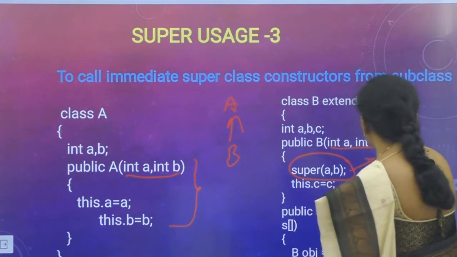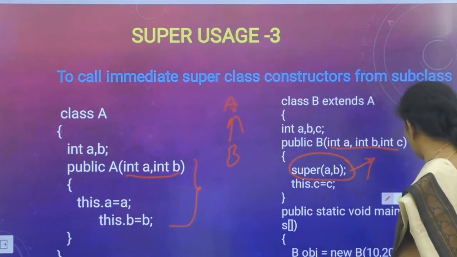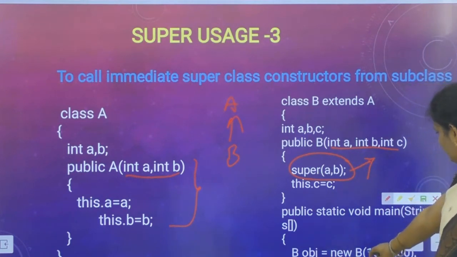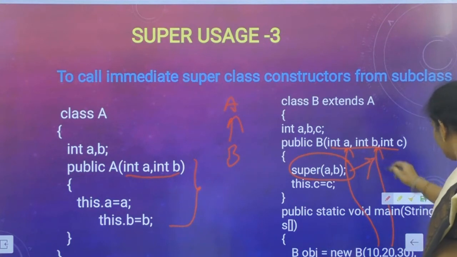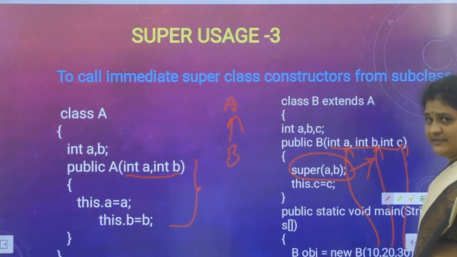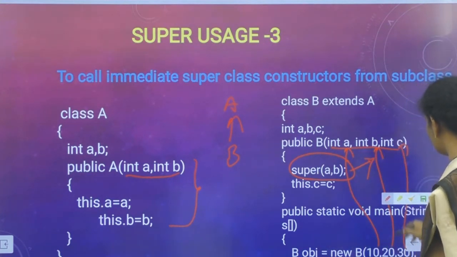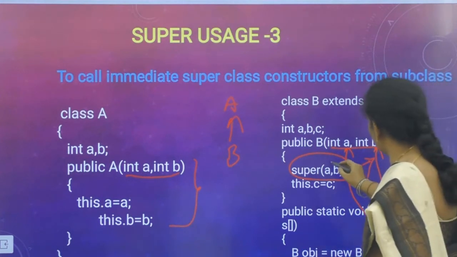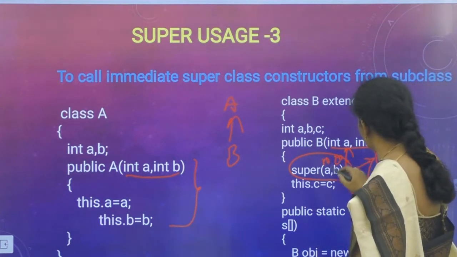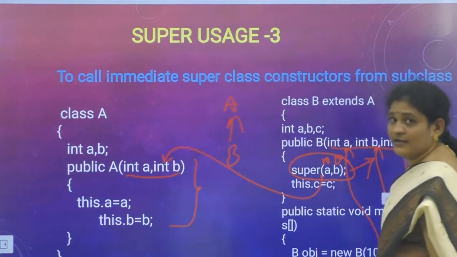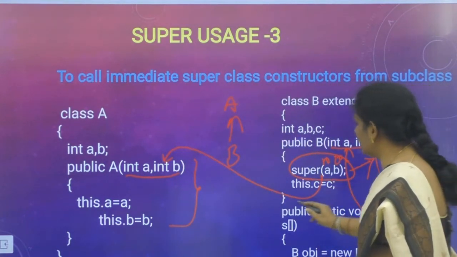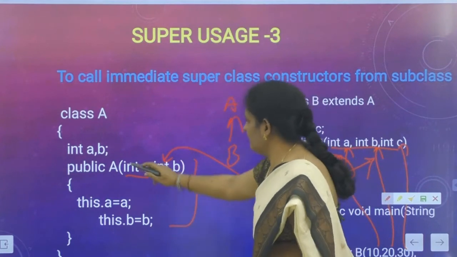So super of A comma B. What is the A value? The A value we are getting from here. A value is 10, B value is 20, C value is 30. So here A value is 10, B value is 20: super of 10 comma 20. This constructor will get called here, and this will get executed.